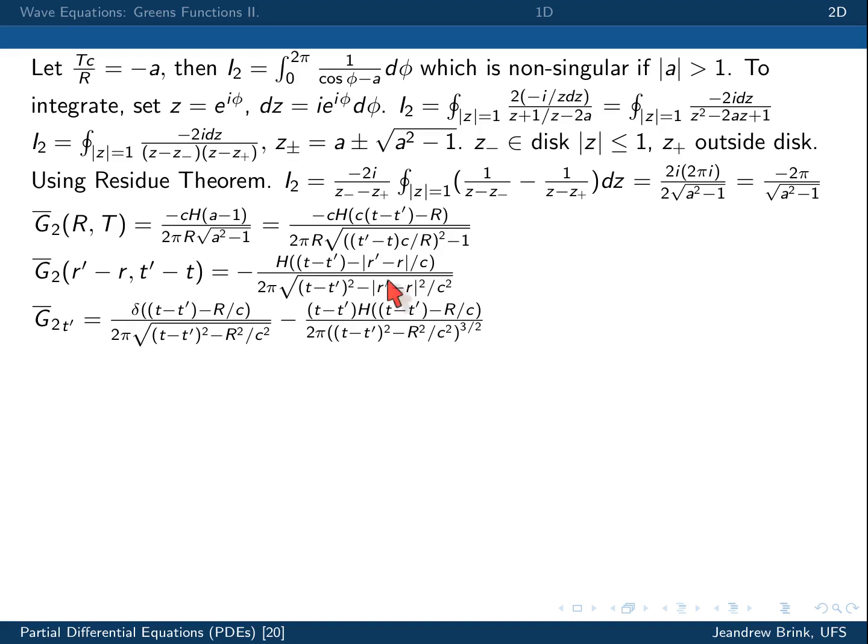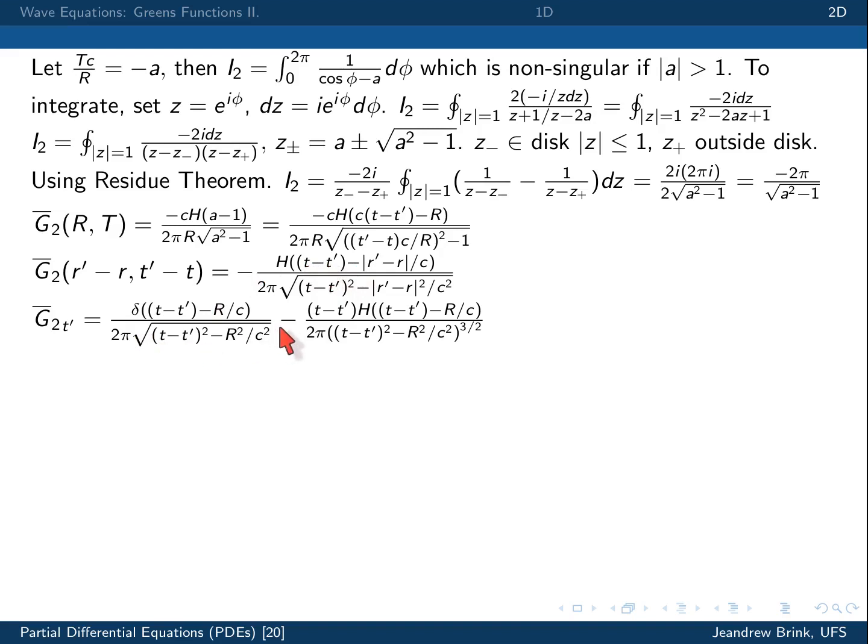I'm simply going to do it in full, and in order to evaluate the integral, you need the derivative of the Green's function with respect to our source time, and to do that you simply differentiate this thing directly. So the derivative of the Heaviside step function is a delta function with a minus in front, so that the minuses cancel and you're left with this delta function.